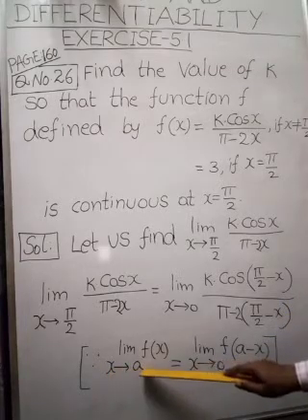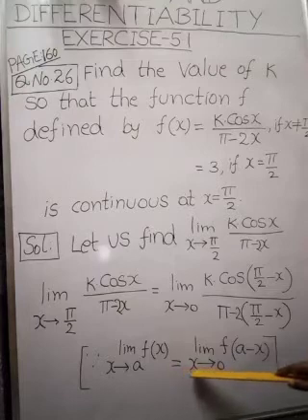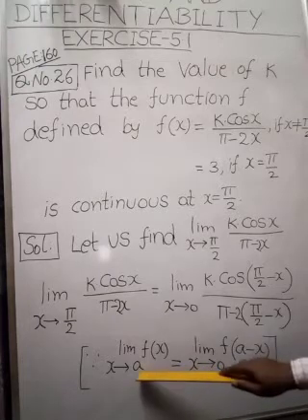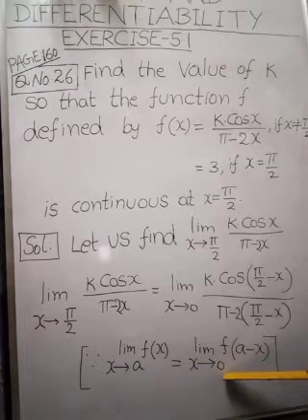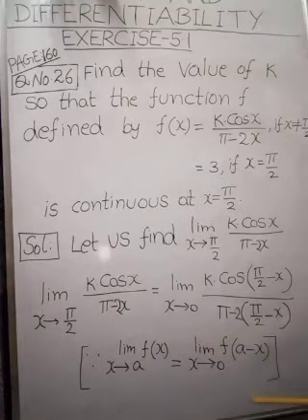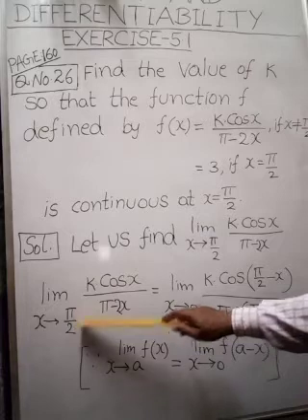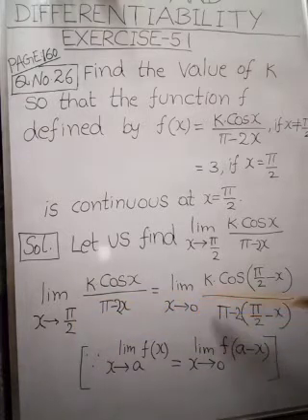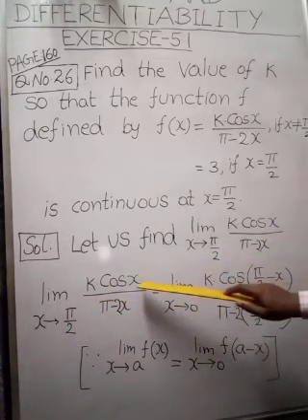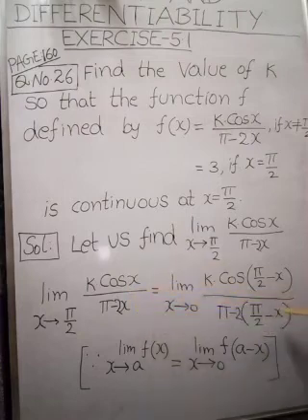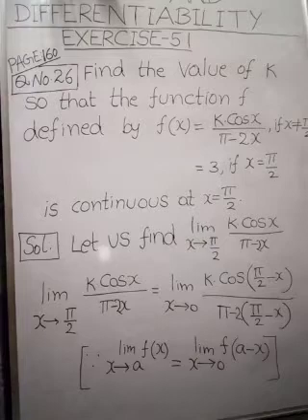As x tends to a, the limit of f(x) is equal to the limit as x tends to 0 of f(a minus x). In place of a we write 0, and in place of x in the function we write a minus x. Here a means pi by 2, so in place of x we are writing pi by 2 minus x. Understood this step, my dear children?